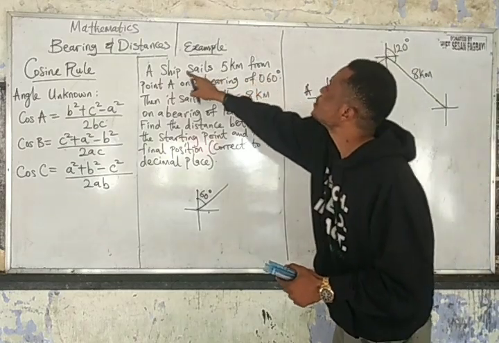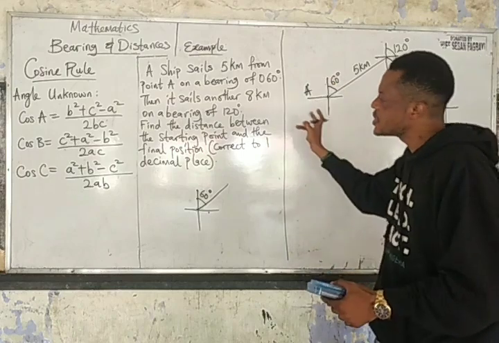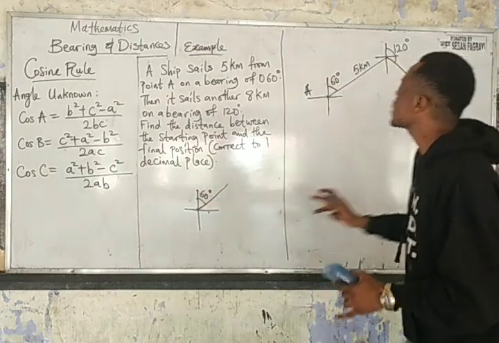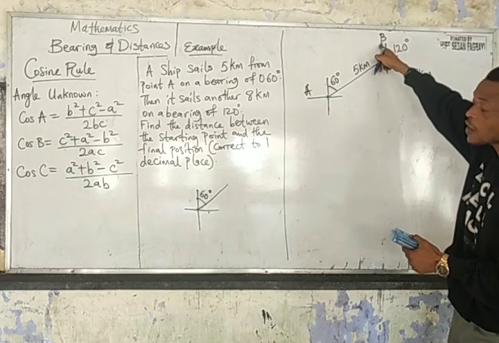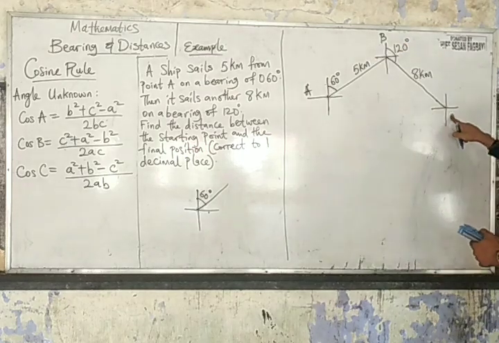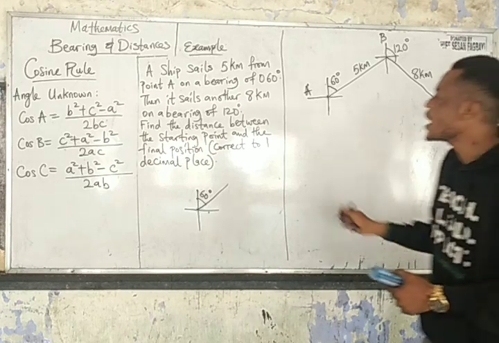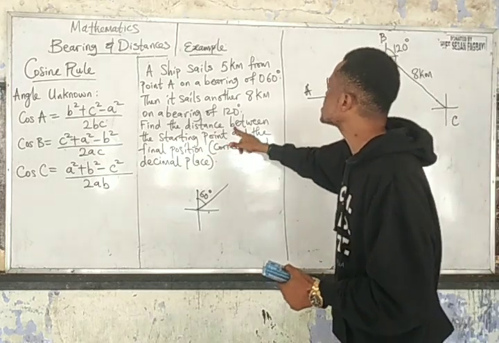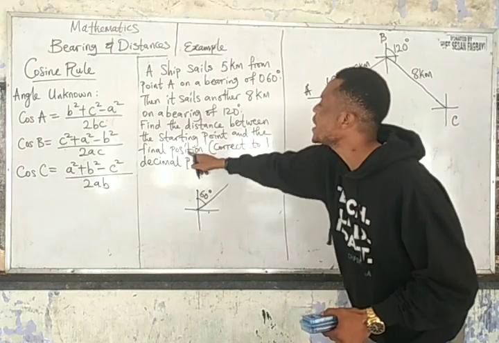So they said the ship started from A. It was not stated that it went to B and is now at C. So we can now assume that this is the second position, and it finally stops at this point C. Then we are asked to find the distance between the starting point here and the final position.